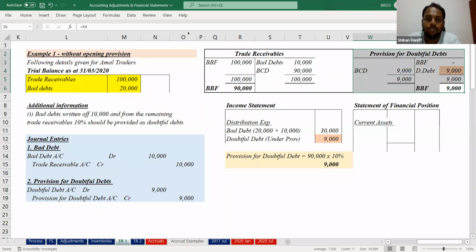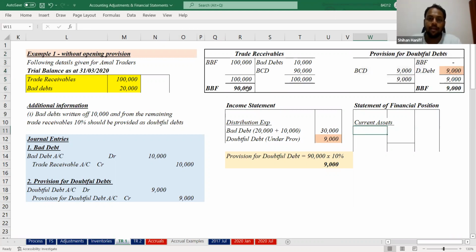There is no opening balance. Provision for doubtful debt, is it a liability account? No, it's not a liability account. It's an asset deduction account, like accumulated depreciation. From the total assets, you deduct. Likewise, from the debtors, you deduct. It's not a liability account.